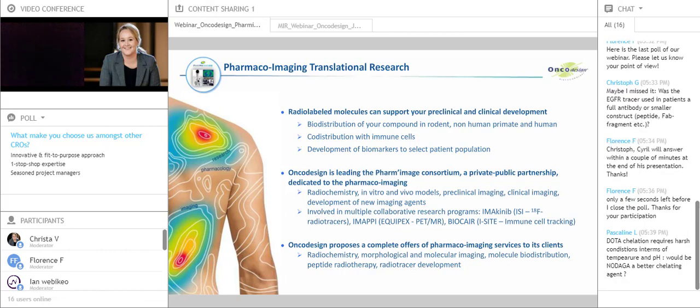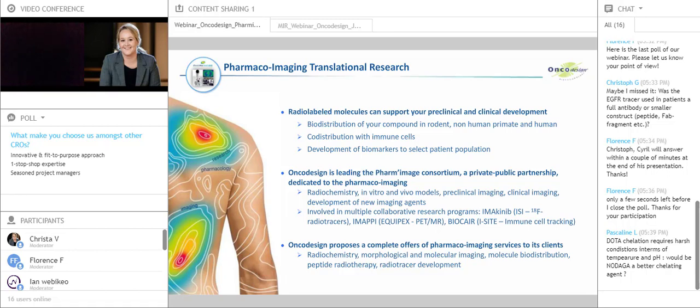Then there is another question from Pascaline. DOTA chelation requires harsh conditions in terms of temperature and pH. Would NODAGA be a better chelating agent? It depends on the radioisotope you want to use. It depends on your biomolecules. When we start to work with new molecules, we have a kind of questionnaire that will be sent to you that will let us know what kind of pH and temperature we can use.